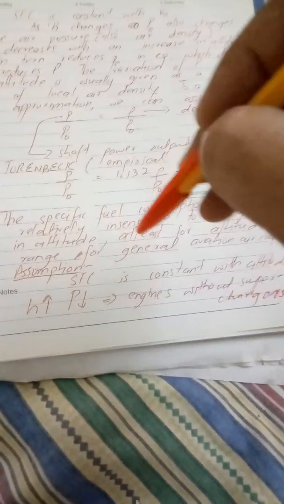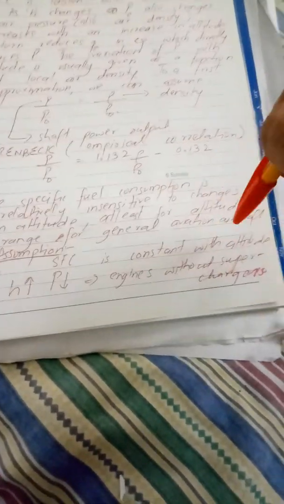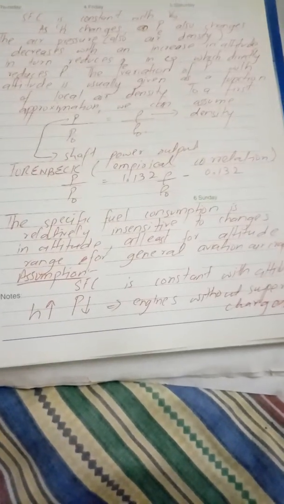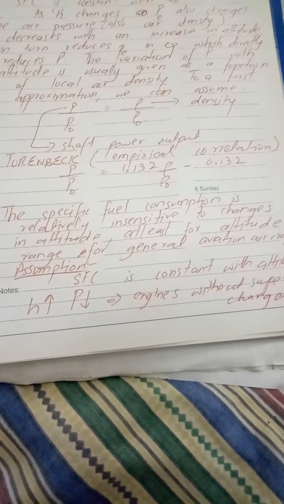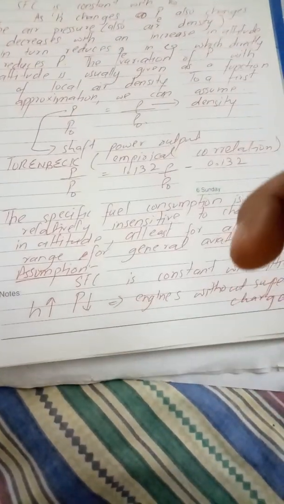You just have to keep in mind that power was constant with velocity, and specific fuel consumption was also constant with velocity, but there was a slight difference when we talked about power in terms of altitude, which also refers to air pressure, which also refers to rho or density. So there was a direct relationship.